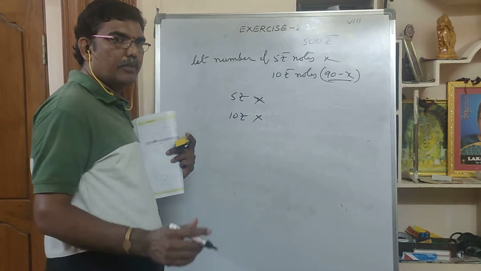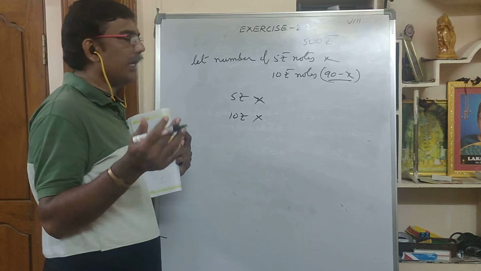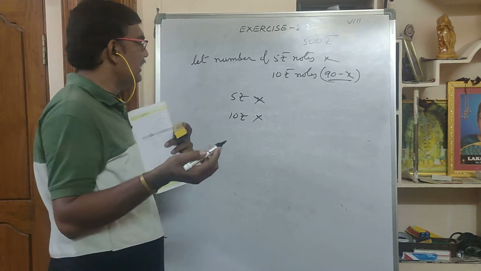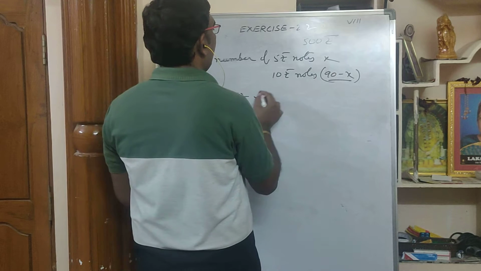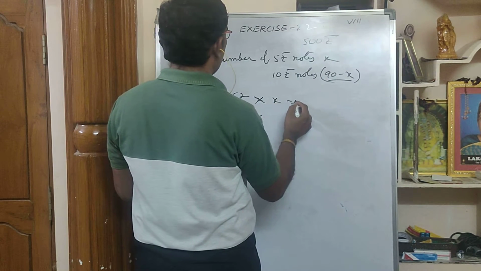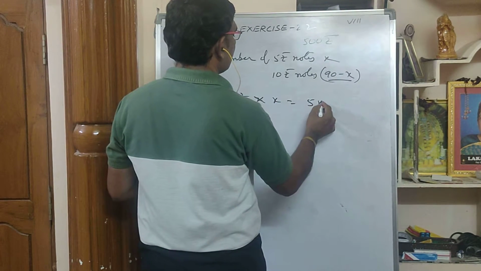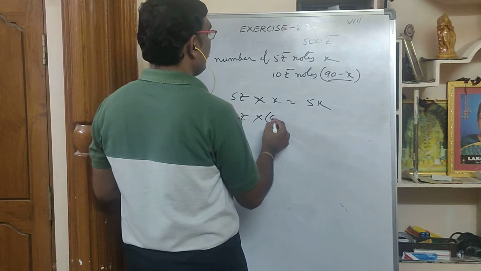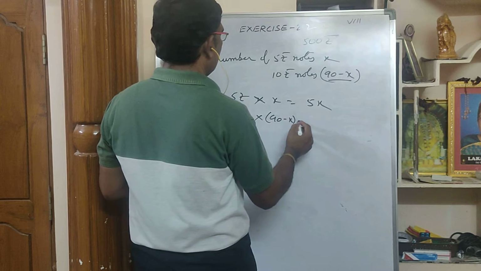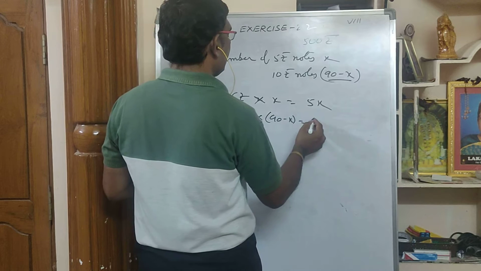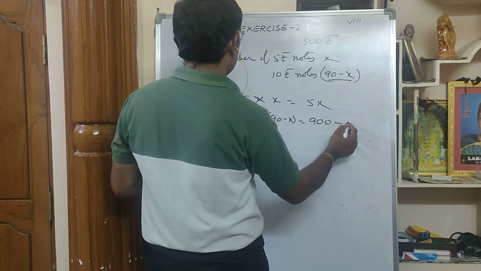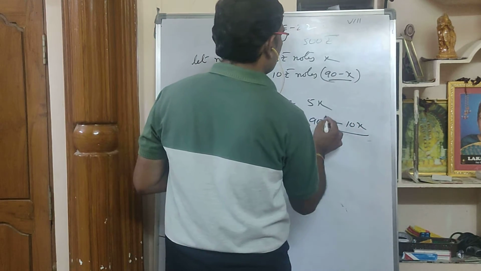Can you say? Because total notes will be 90. One is X, the other is 90 minus X. So 5 rupees notes X will be there, means its denomination will be 5X. 10 rupees notes will be 90 minus X. So if you multiply 10 into 90 is 900 minus 10X.